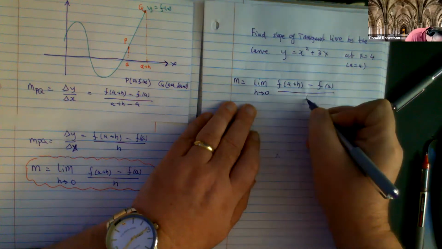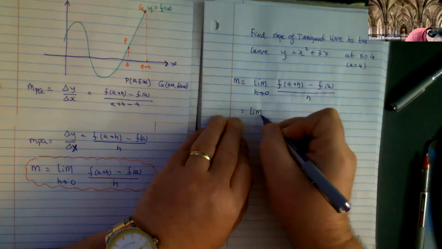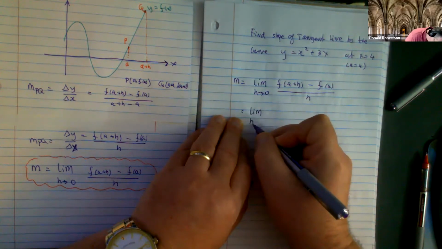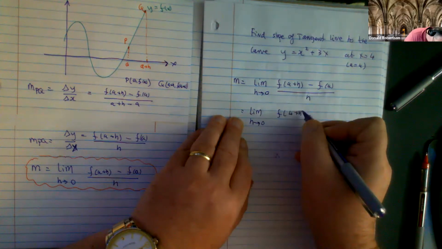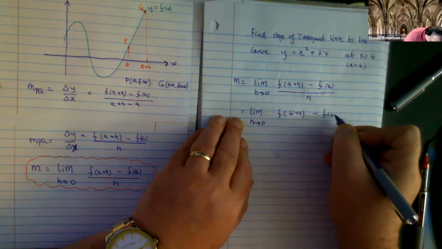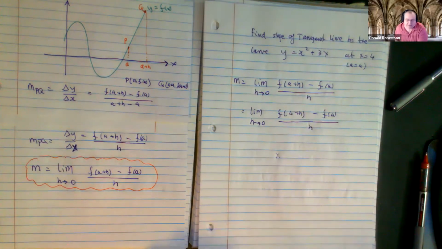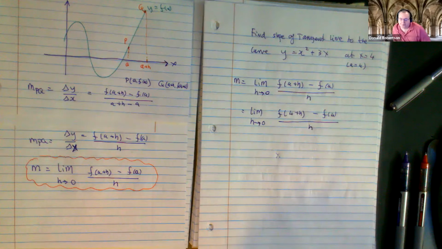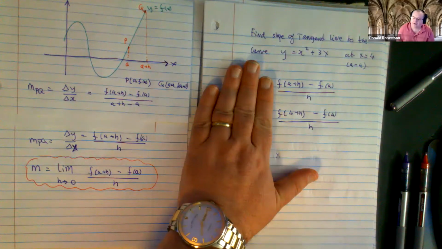But since I know a is 4, I now need to find this limit. And somewhere in 141, you were asked to find a guy that looks just like that.